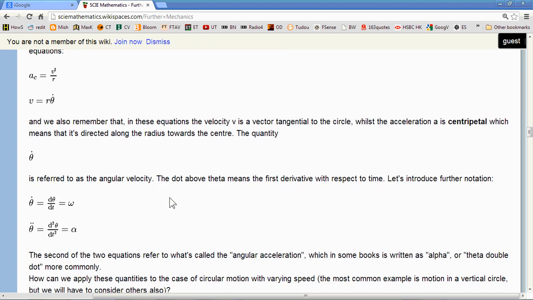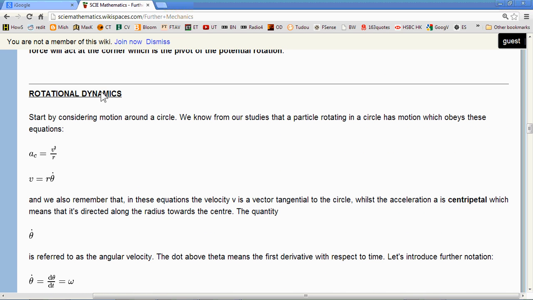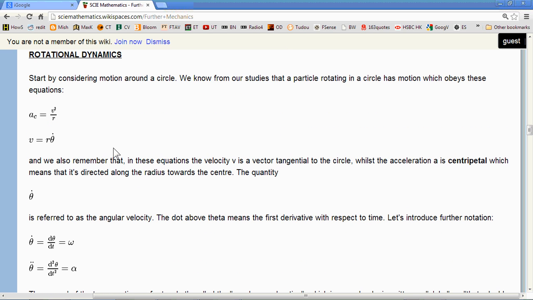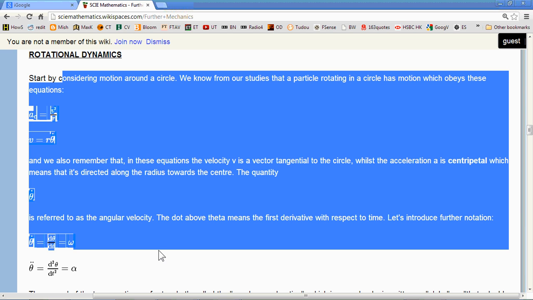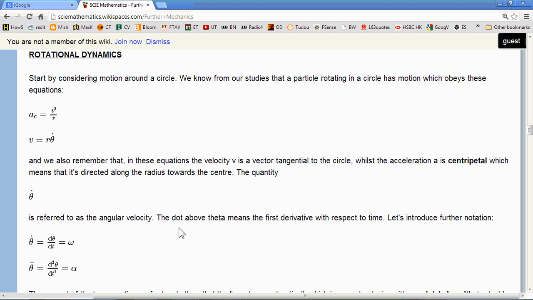Then there's a large set of notes about what I've called rotational dynamics. I'm summarizing here all the knowledge you need, starting with motion in a circle, and as you should already know, we use motion in a horizontal circle and in a vertical circle, a much more complicated case where the acceleration can vary. This little section reviews the basics of angular velocity and angular acceleration.